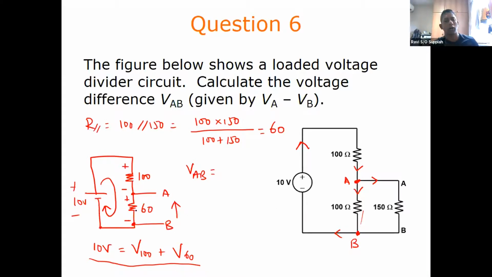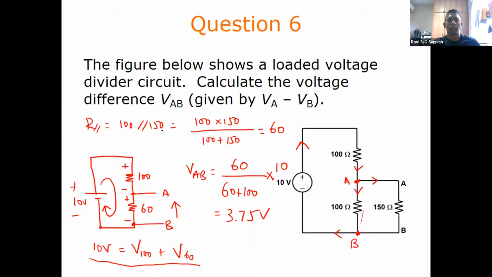So if I want to measure the voltage across the 60 ohm resistor, I take this resistance divided by the total resistance, 60 plus 100, multiplied by the supply voltage 10. That will give me 3.75 volt. If you calculate the total resistance, which is 160, and then apply Ohm's law again over here, you will still get the same answer, 3.75 volt.